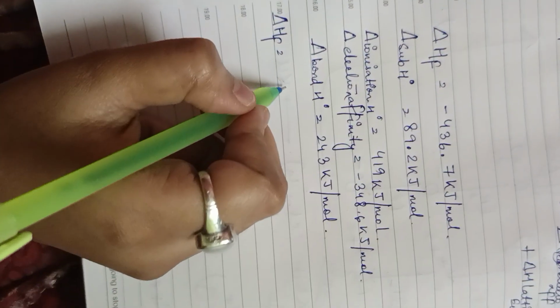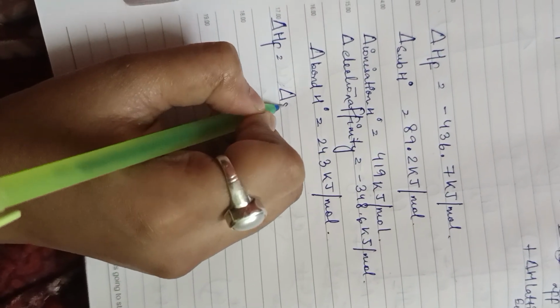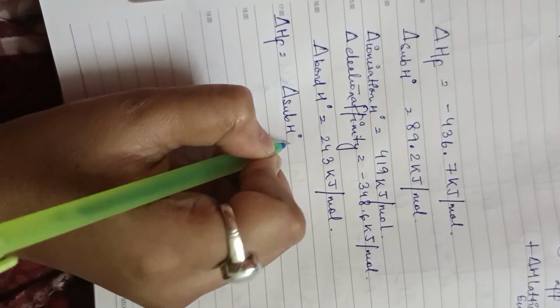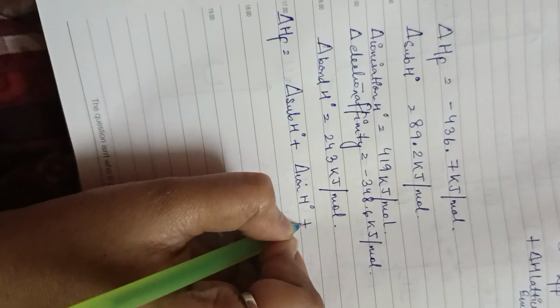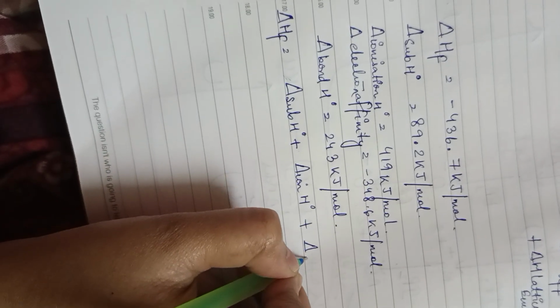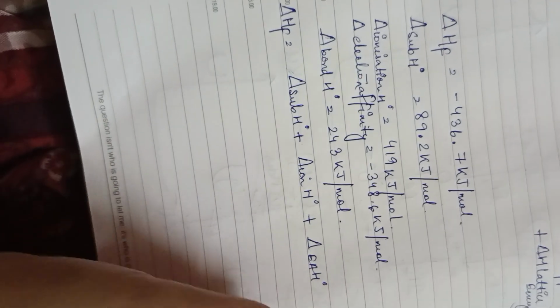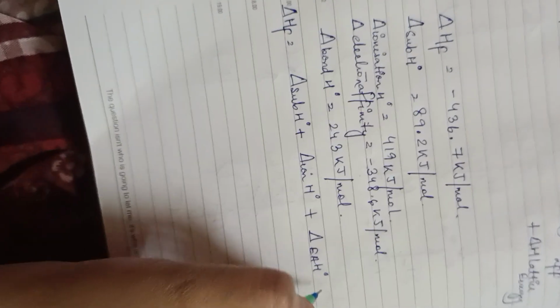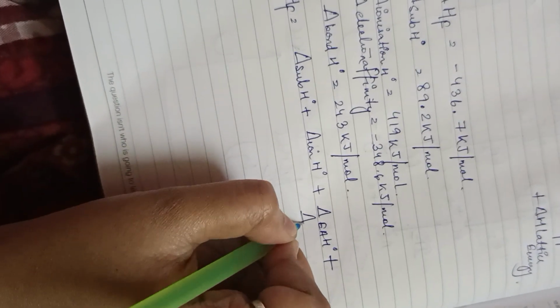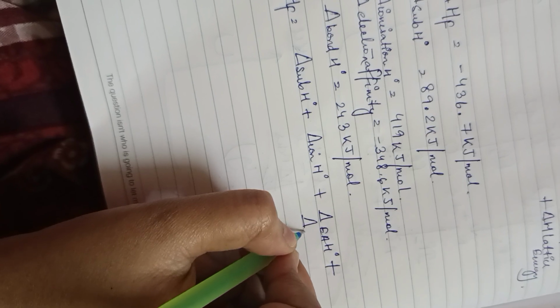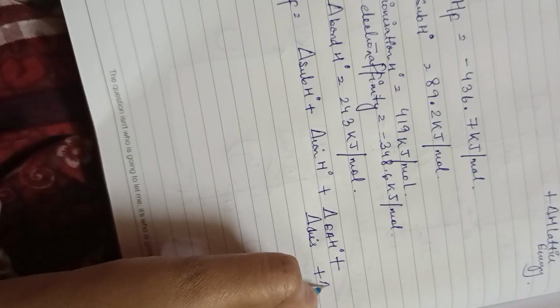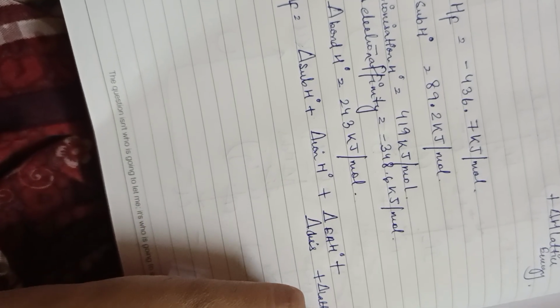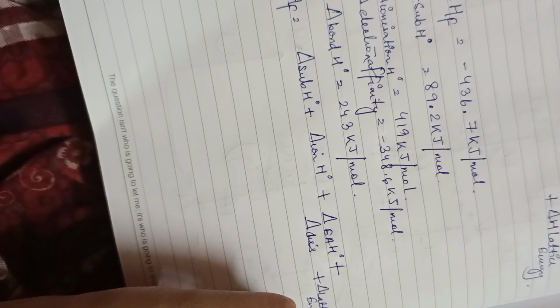So if you want to calculate delta HF, over here we can write plus sublimation, plus delta ionization H naught, plus delta electron affinity H naught, and because it is given as minus, you will do minus, plus dissociation, plus lattice energy.